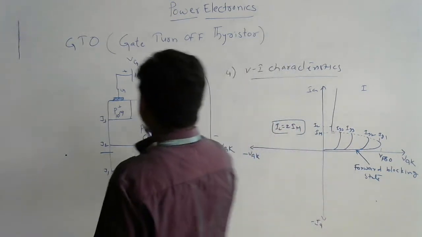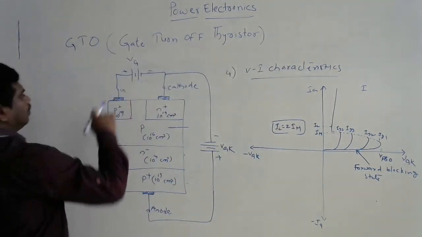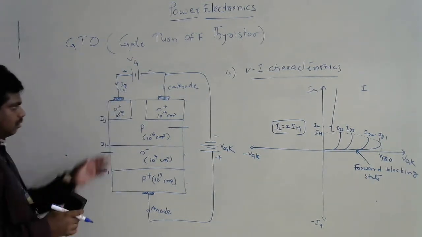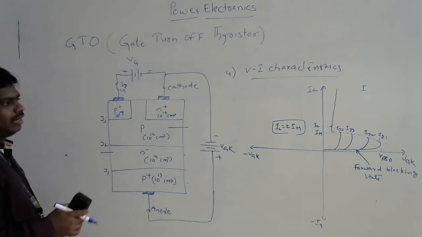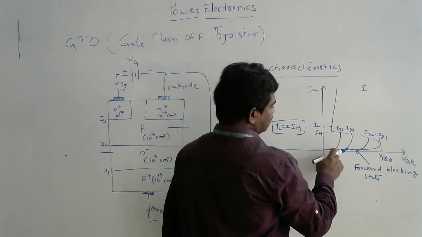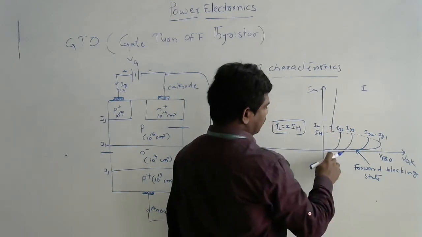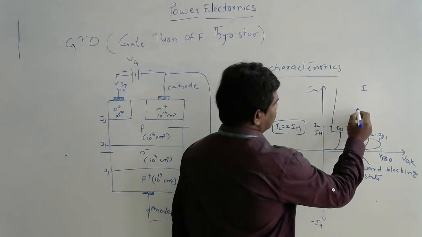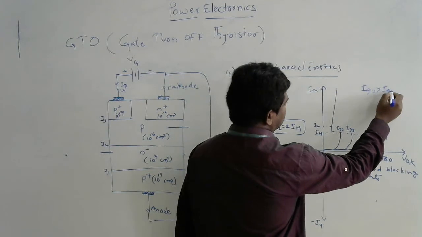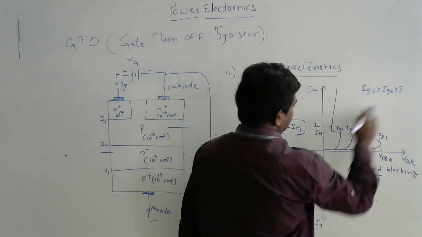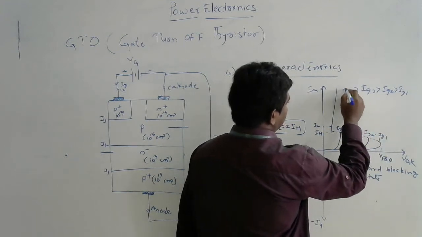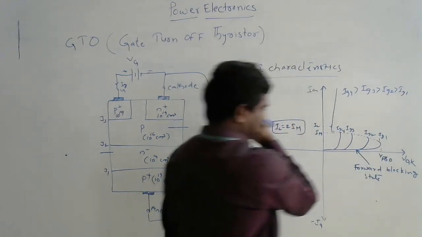If you go on increasing the voltage across the gate and cathode terminals, the junction breaks down earlier and allows the current to flow faster as the voltage increases. The condition here is Ig4 greater than Ig3 greater than Ig2 greater than Ig1.